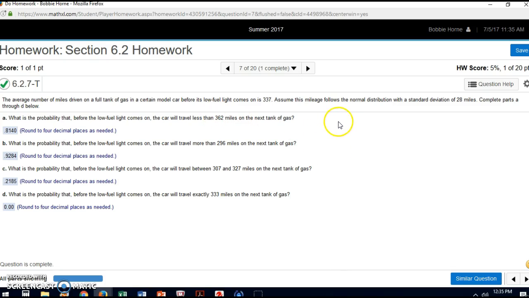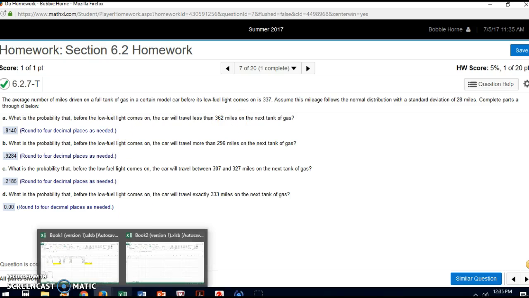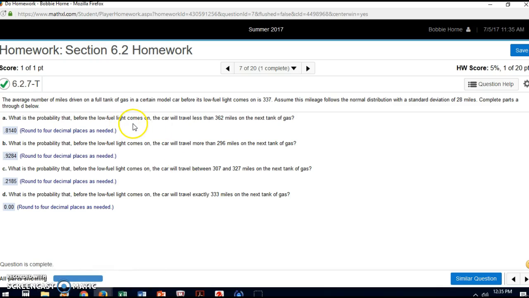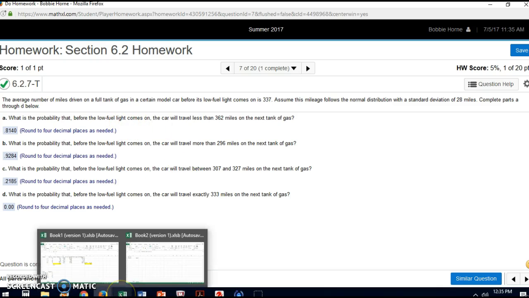So think about your curve. When you do 362, when you get your probability, it's going to be everything up to 362. So everything less than 362.